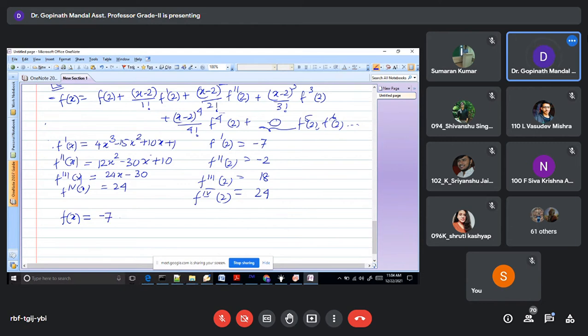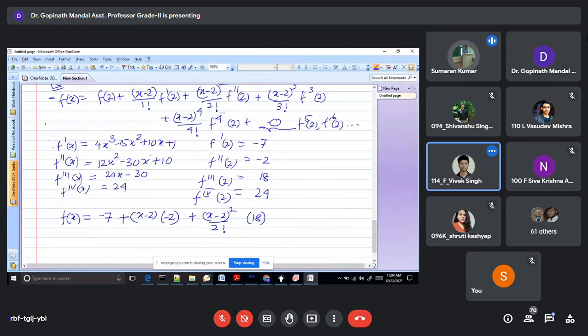So f of x will be minus 7 plus x minus 2 by factorial 1, f dash 2 is minus 7, which should be multiplied with x minus 2.